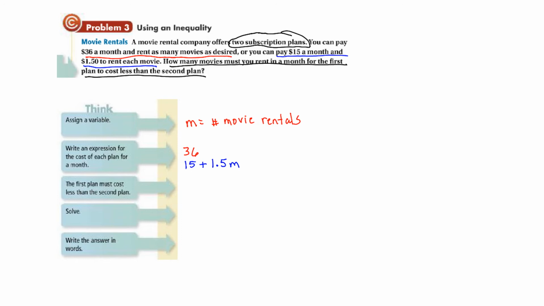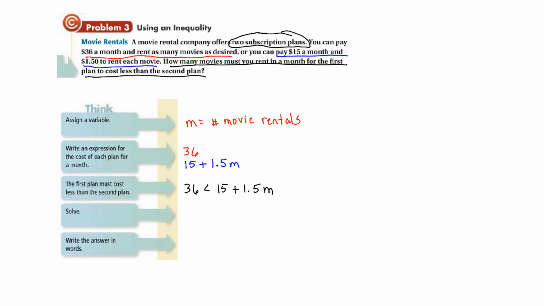Now we're going to take the two and write it the way they want it to be. The first plan must cost less than the second plan. So if we take the first plan, 36, I want to know when it's going to be less than that second plan, 15 plus 1.5M.